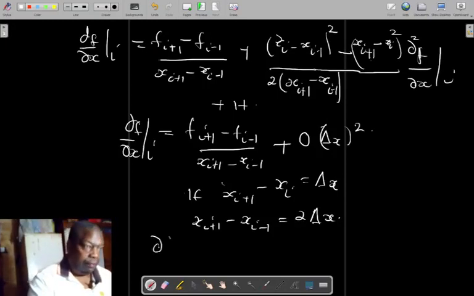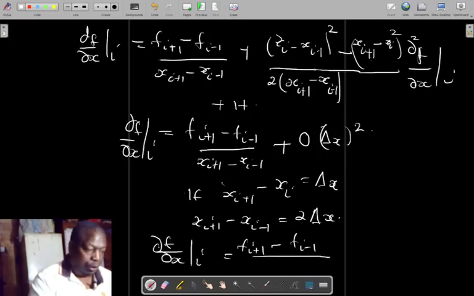So our df by dx at i is equal to (f_{i+1} - f_{i-1}) over 2 delta x plus the truncation error, O(delta x squared).